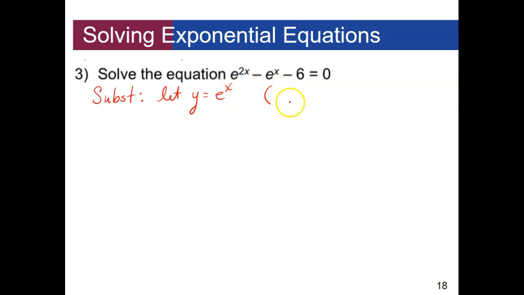So this is going to be y to the second, because if I have e to the x and that is squared, then that's going to be e to the 2x. So this is equivalent to y squared, minus y, minus 6.